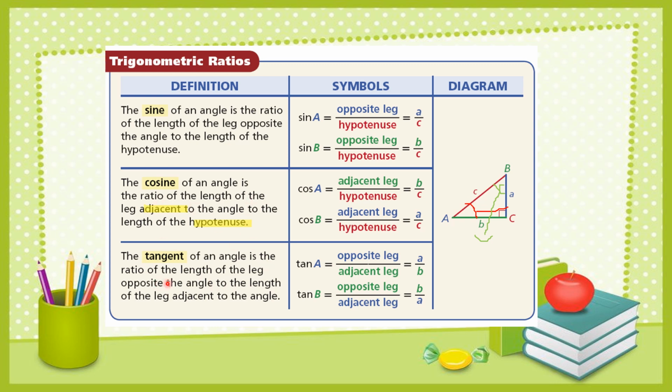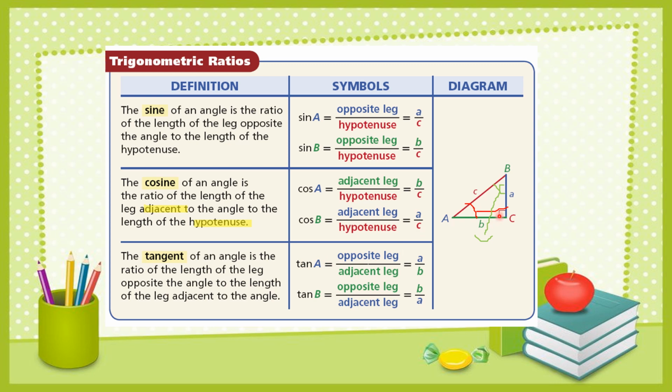And tangent. Tangent of an angle is the ratio of the length of the leg opposite the angle to the length of the leg adjacent to the angle. Tan A is equal to the opposite leg divided by adjacent, TOA.